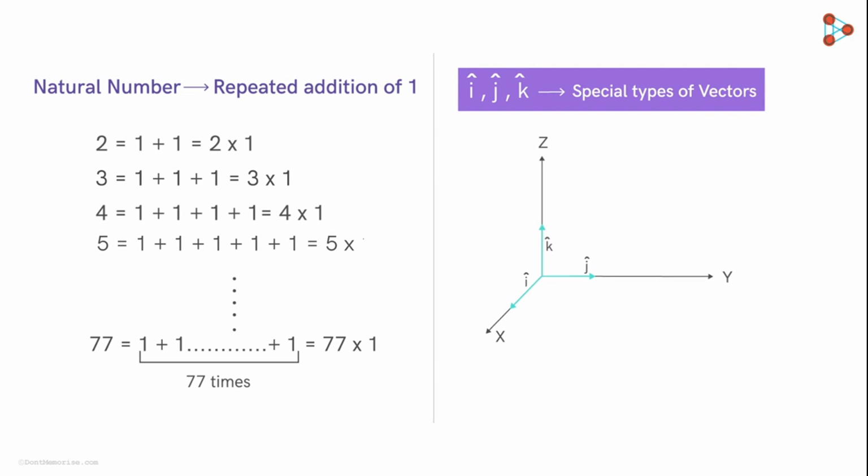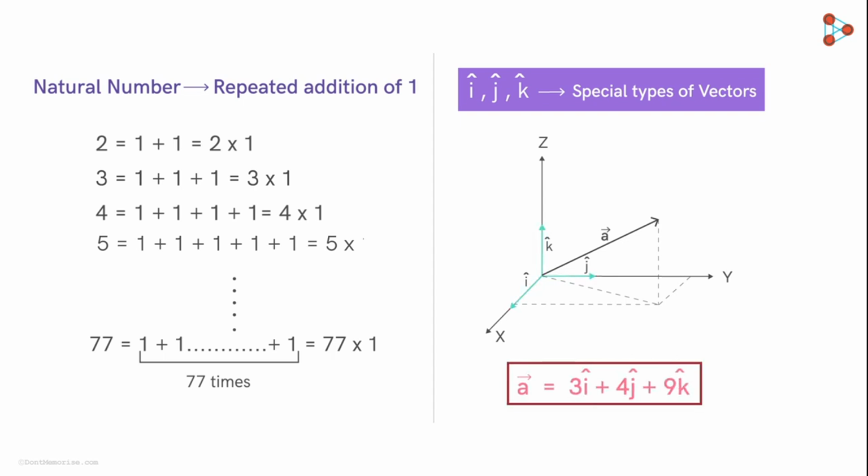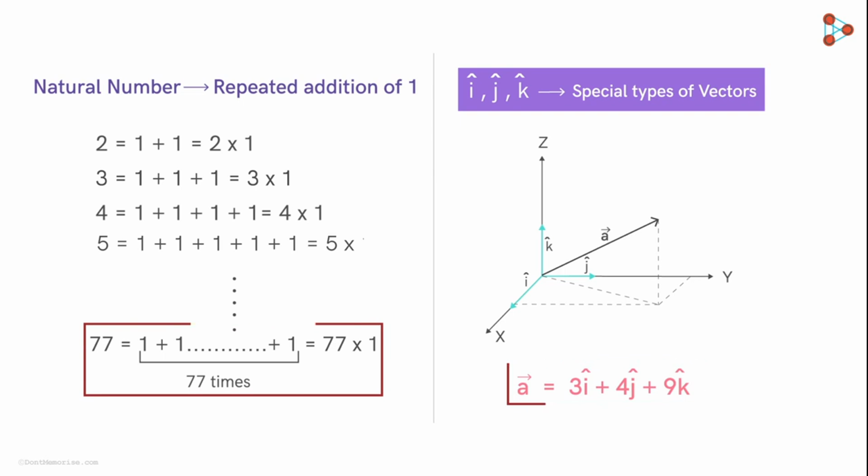So for example, suppose we have a vector A in the 3D space. Then it can be decomposed into addition of these vectors like this. Don't worry about what all these symbols mean. We will understand them in detail. But for now, the point is that, similar to the natural numbers, a vector can be decomposed into a set of special elementary vectors.